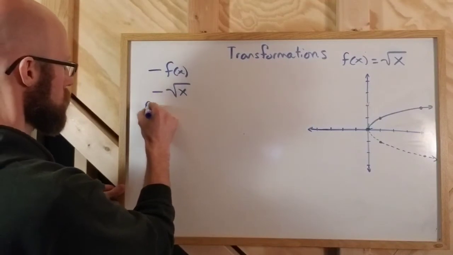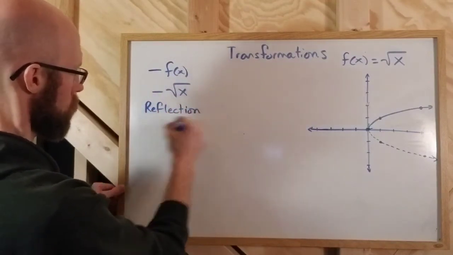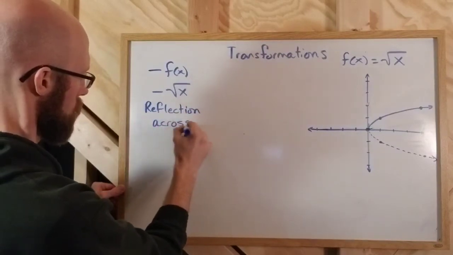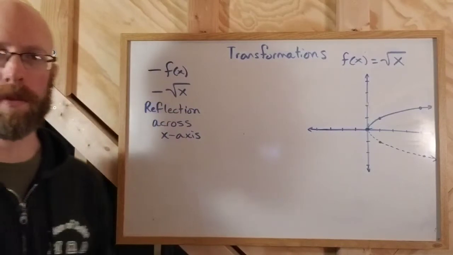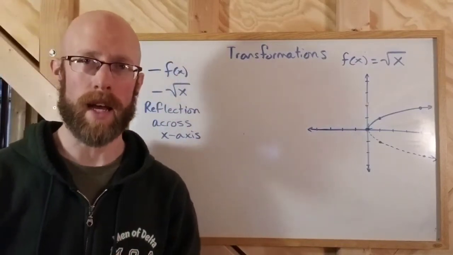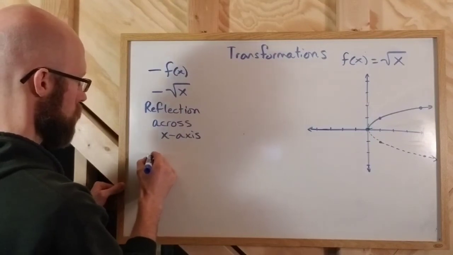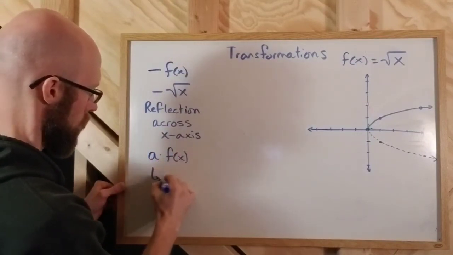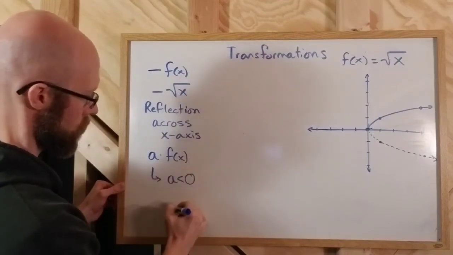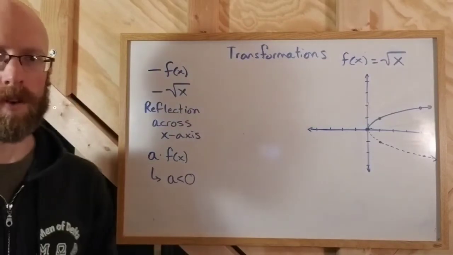So reflection across the x-axis. That's what occurs when you multiply the outside of the function by a negative. And so anytime you have a times f of x, where a is less than 0, you end up with a vertical reflection like this across the x-axis.